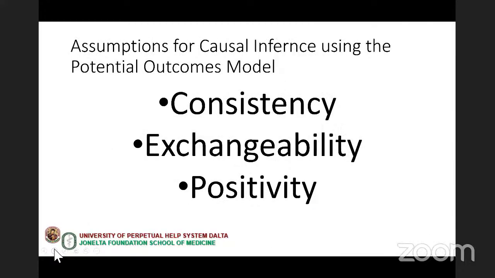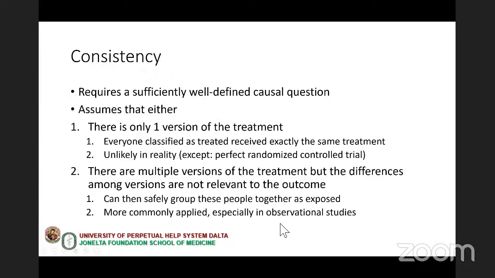For causal inference, we assume three things using the potential outcomes model. First is consistency, second is exchangeability, and the third one is positivity. So what is consistency? This requires a sufficiently well-defined causal question. It assumes that either there's only one version of the treatment and everyone is classified and treated with exactly the same treatment, but this is not possible in reality.